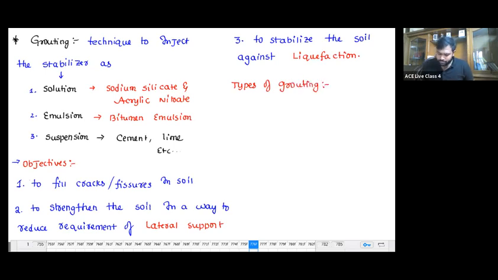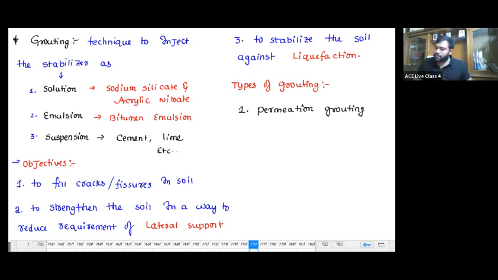Types of grouting. There are two types of grouting. One is permeation grouting, and second one is compaction grouting. So first, let's see what is meant by permeation grouting. See how we are going to do the grout. First thing first, how am I going to do the grout?